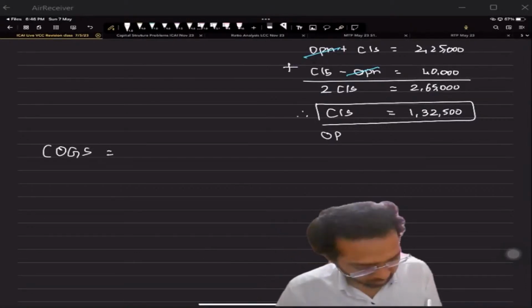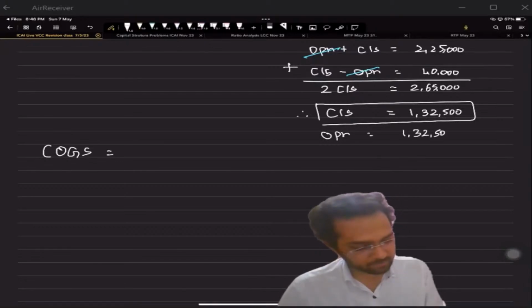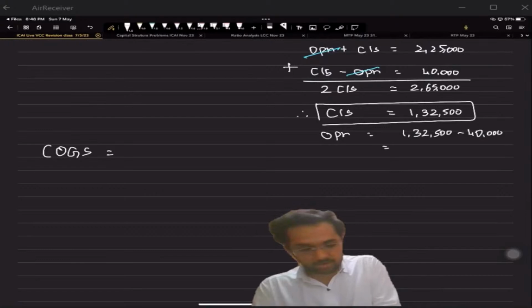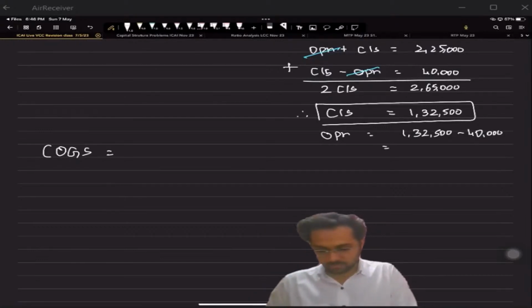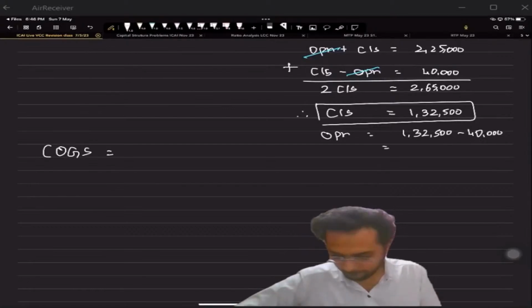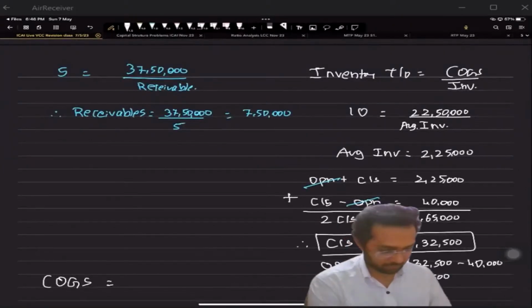By the way, we need to also get the opening, which will be 1,32,500 minus 40,000, which is 92,500.